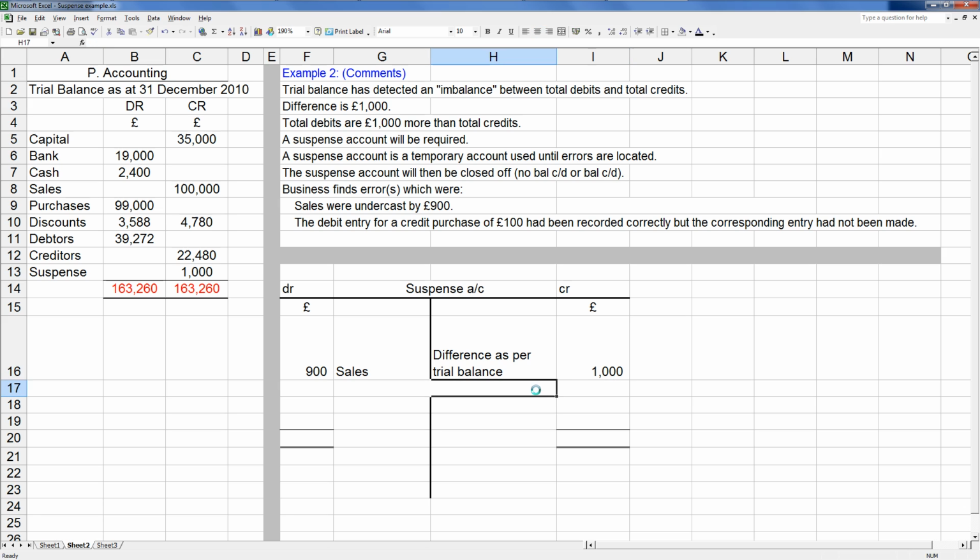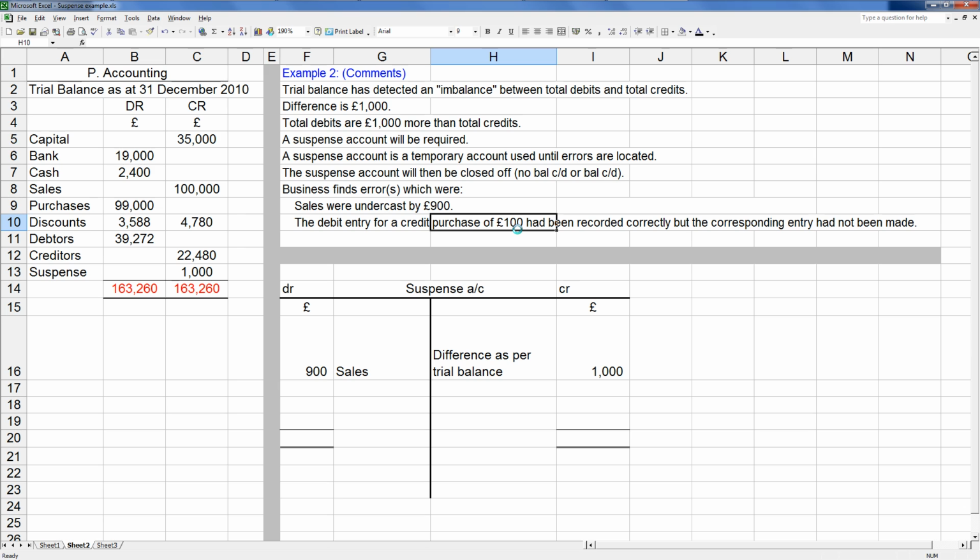And then there's the last error: the debit entry for a credit purchase of £100 has been recorded. So a debit of £100 for a credit purchase, well, what account would that be made in? Well, credit purchases, you're involving creditors, because you're buying on credit, and purchases. So which account, purchases or creditors, would be the debit entry? Well, just look at the trial balance.